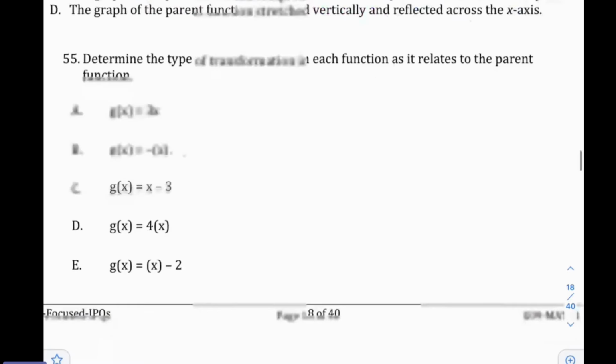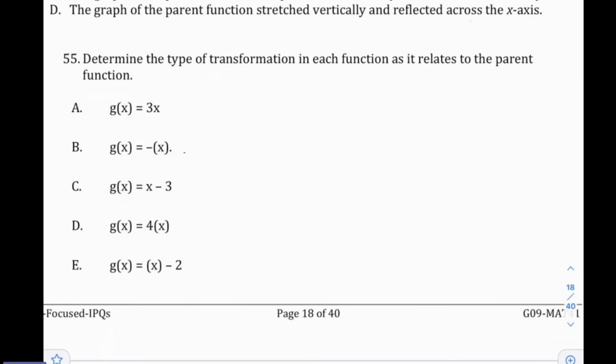Determine the type of transformation of each function. We have 3 types of transformation. We have dilation, and dilation comes from multiplication. We have translation, which comes from addition.